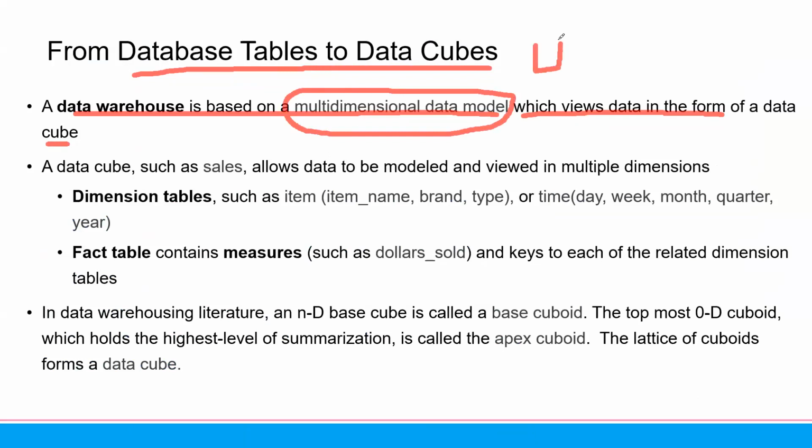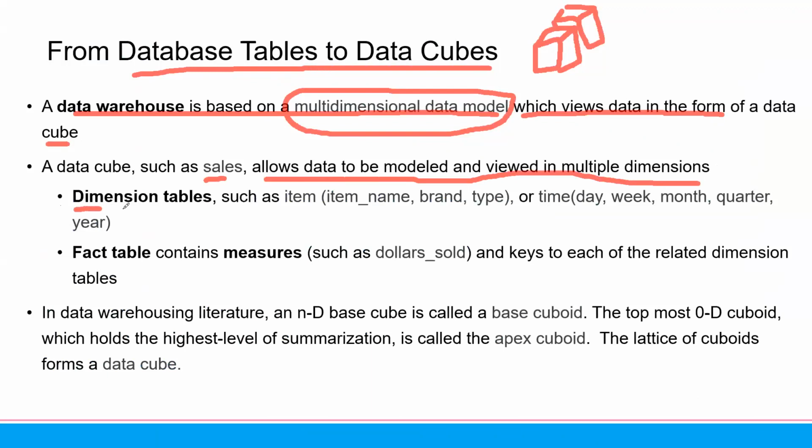If you have the cube, we can have another cube. So the other cube should be representing almost similar, maybe we can see this one in 3 dimensions. If you have more dimensions, of course, it will be more complex. So a data cube such as sales allows data to be modeled or viewed in multiple dimensions.